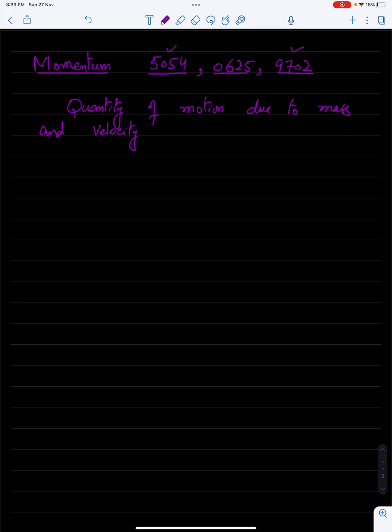So basically it is the product of mass and velocity. Right? It is the product of mass and velocity of a body. We represent momentum by P and it is equal to mass times velocity. Okay, it is a vector quantity.